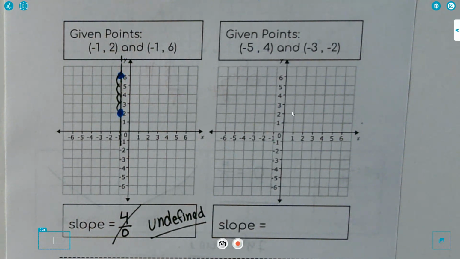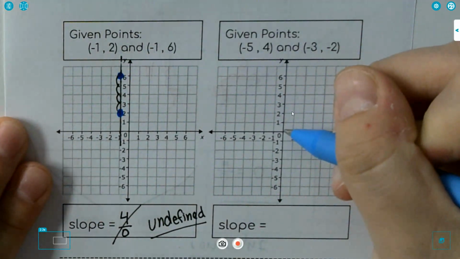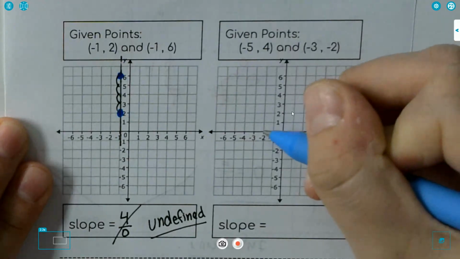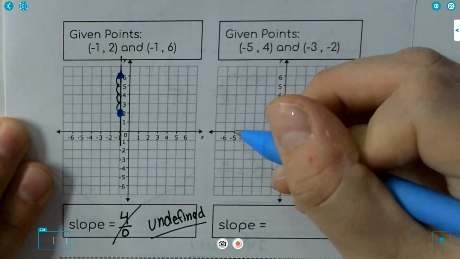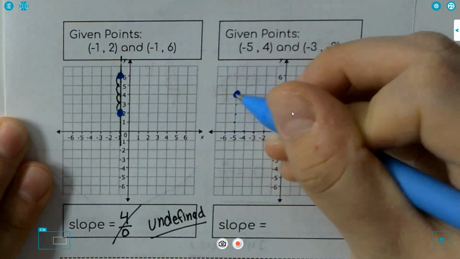Okay, last one. We've got -5, 4, and -3, -2. So I'm going to start at 0, 0. -5, 4. I go left 5. 1, 2, 3, 4, 5. I'm going to go up 4. 1, 2, 3, 4. I'm going to put a dot there.